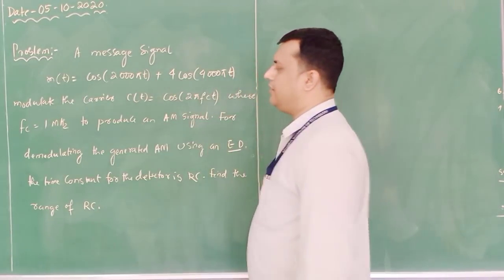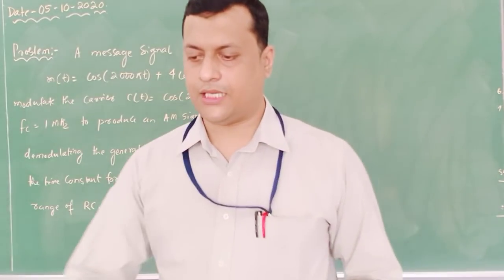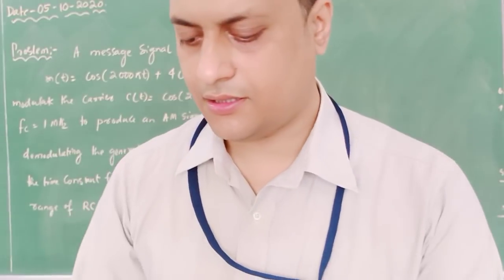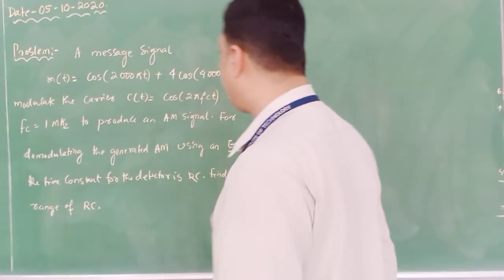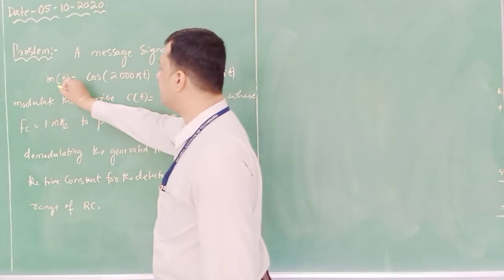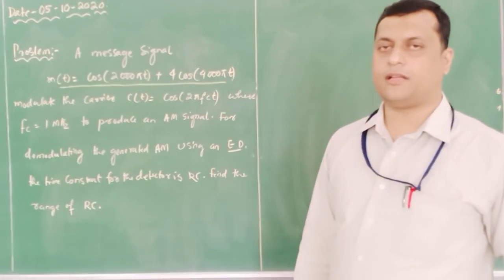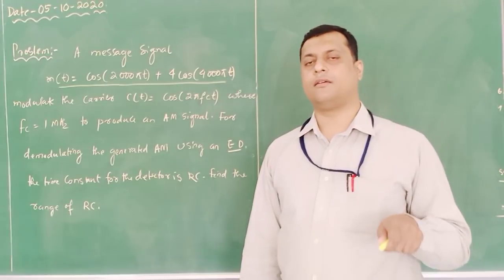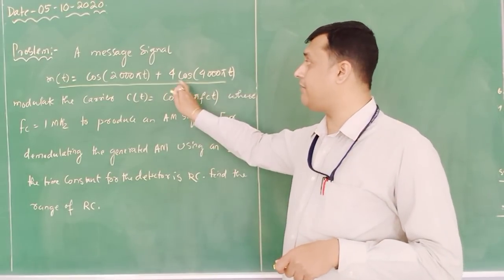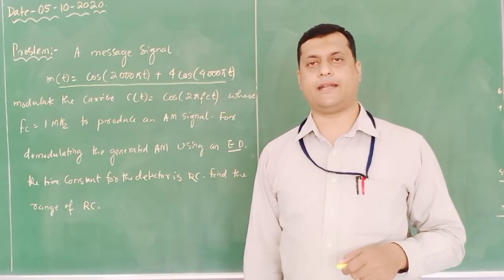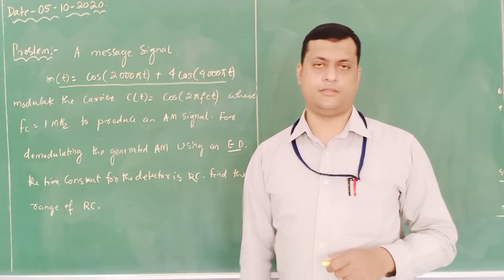First of all, what is the data given that we have to identify? First, the message signal is given. Since there is more than one frequency component, I will say it is called a multi-tone signal.